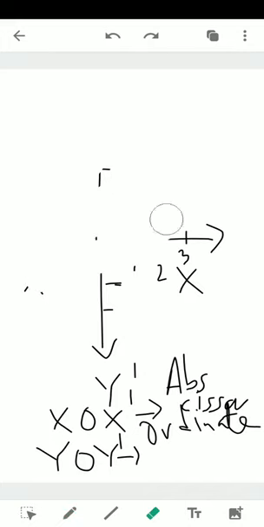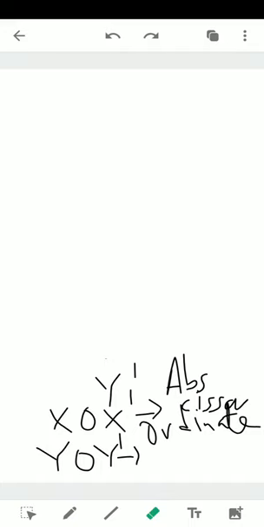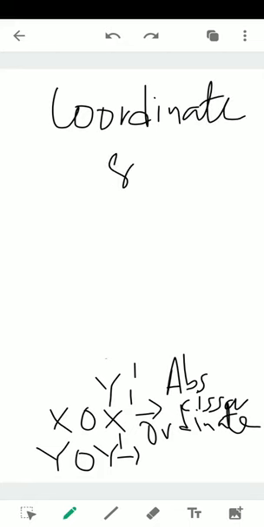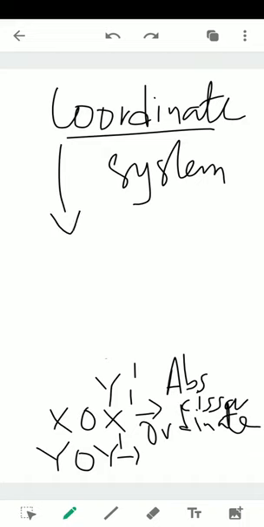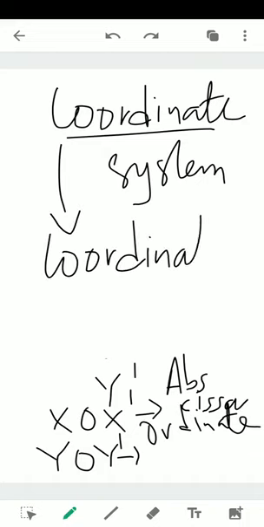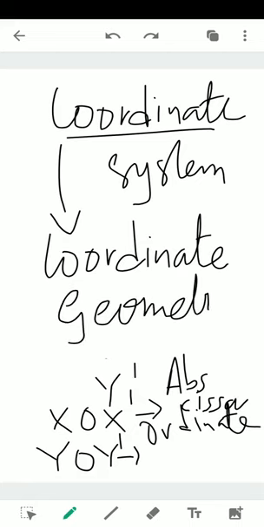Entire system is called your coordinate system, and from here the name of the chapter we get, that is called coordinate geometry. So coordinate geometry is nothing but using algebra to solve some of the problems related to geometry.